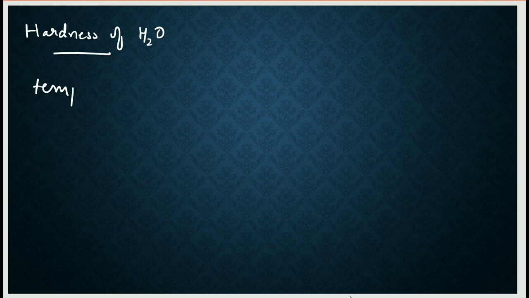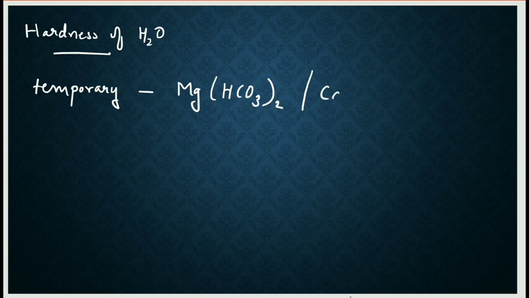The important topic is hardness of water. So what is hardness of water? There are two types of hardness, temporary hardness and permanent hardness. So what affects temporary hardness? Temporary hardness is due to magnesium bicarbonate, Mg(HCO3)2, or calcium bicarbonate.